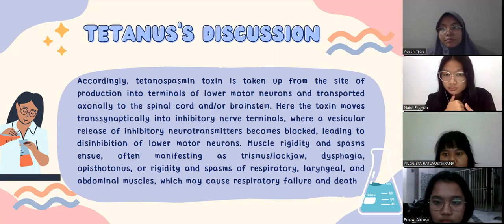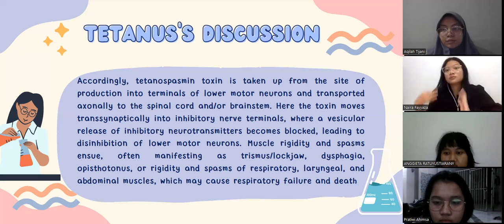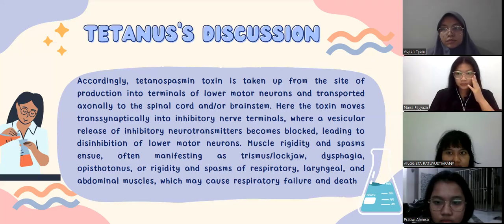Muscle rigidity and spasm ensue, often manifesting as trismus or lockjaw, dysphagia, opisthotonus, or rigidity and spasm of respiratory, laryngeal, and abdominal muscles, which may cause respiratory failure and death.